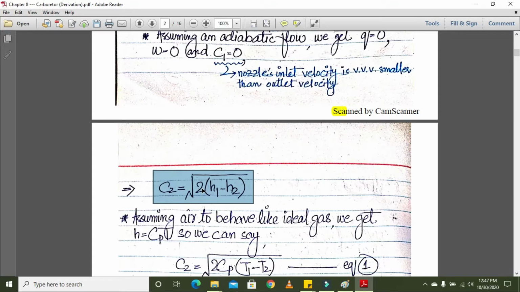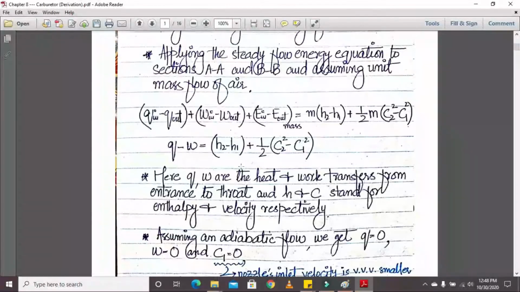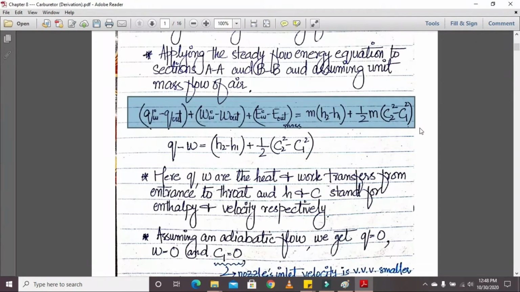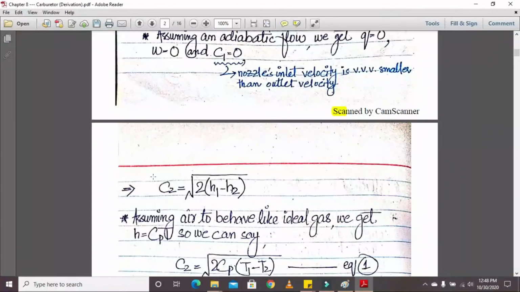I hope this is clear now. We have simplified this steady flow energy equation into C2 equals under root 2 times H1 minus H2.